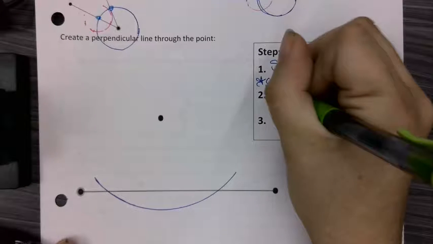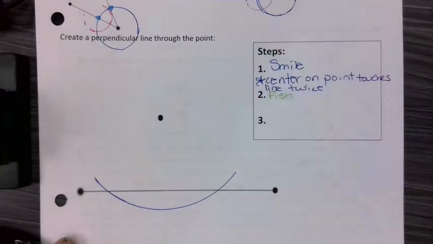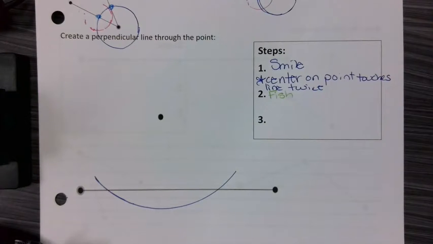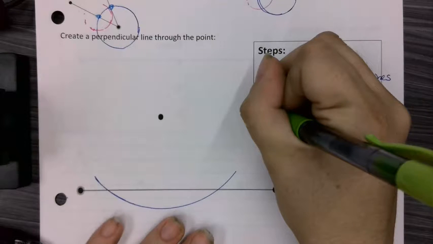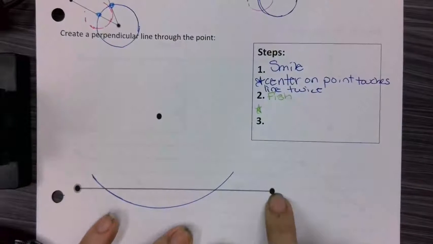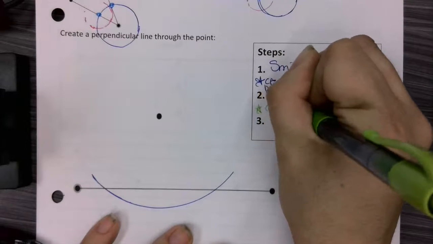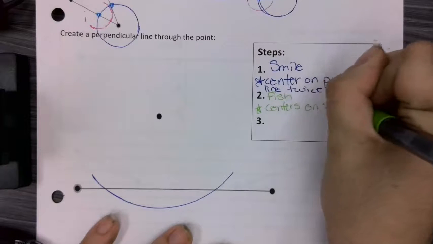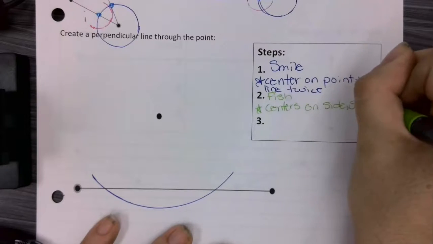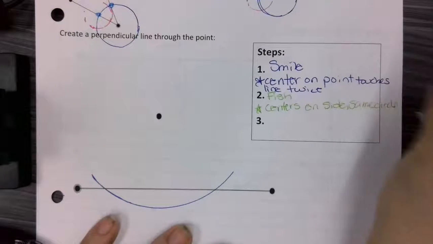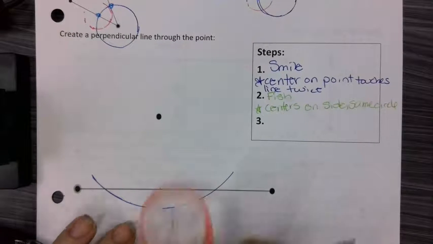Okay, then the next step is called fish. Fish? Like the swimmy thing? And this time I'm centering on the side points using the same circle. So I've got to remember what circle I used.